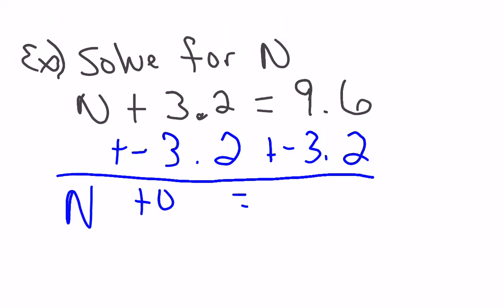And then we have 9.6 plus a negative 3.2. Now again, if you get stuck, you are welcome to use a calculator to be sure of yourself. Totally fine. But we get 6.4. And again, anything plus 0 is itself. So n equals 6.4.